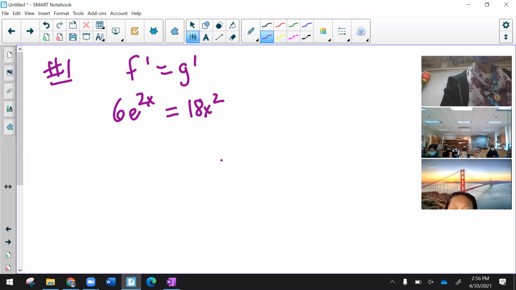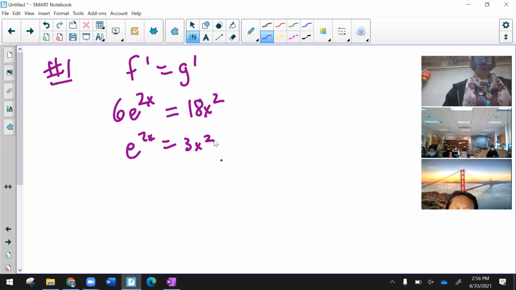I divided both sides by 6 and got e to the 2x equals 3x squared. Again, this is a calculator permitted question, so I graphed it and found the intersection, and it was at negative 0.391.